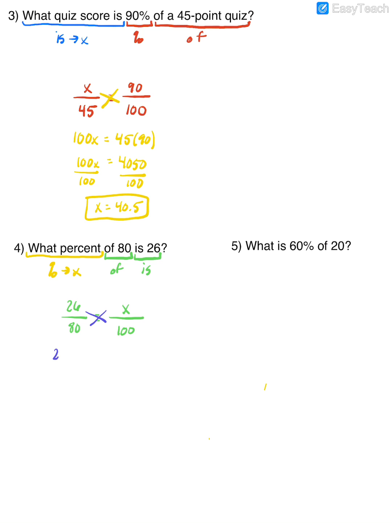So 26 times 100 equals 80 times x. 26 times 100 is 2600. Divide both sides by 80. And then that gets me 32.5%. Notice that I'm attaching a label to the percentages here. The other numbers don't really have one.